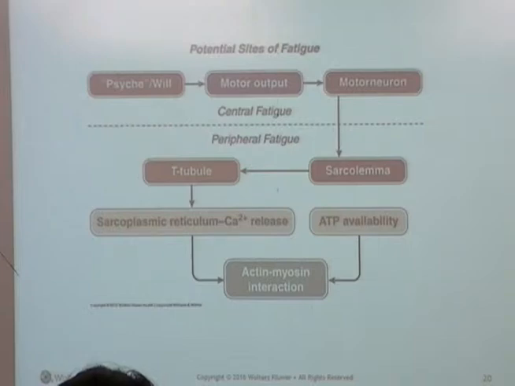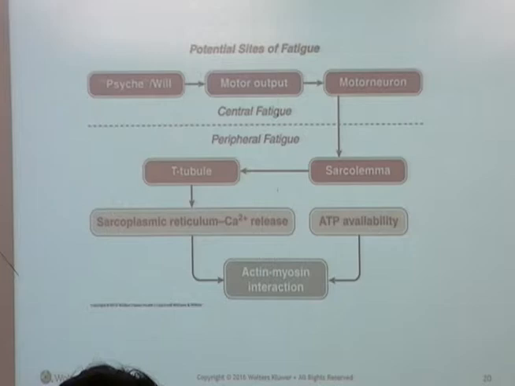So one of the things when we're teaching or training motor skills, and we're working out, exercising, getting people physically active, is that we want to understand how fatigue happens. What is it that is making someone fatigued?